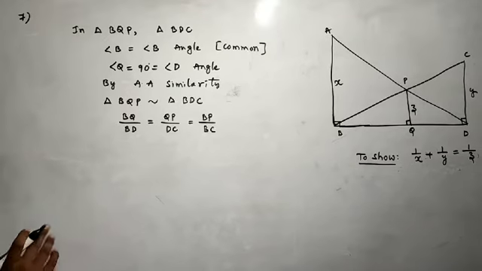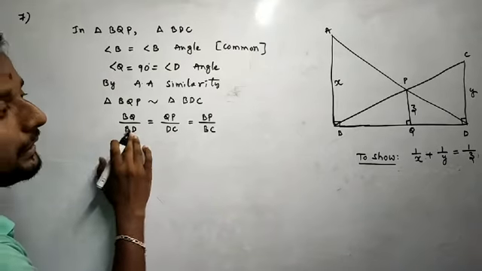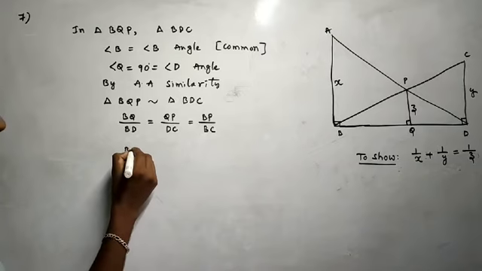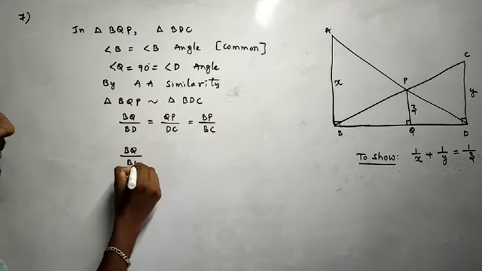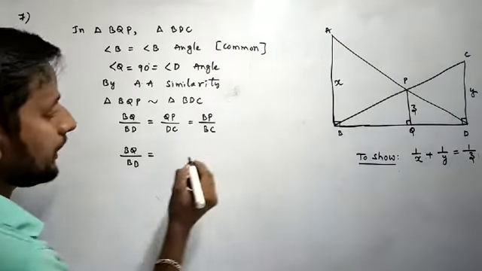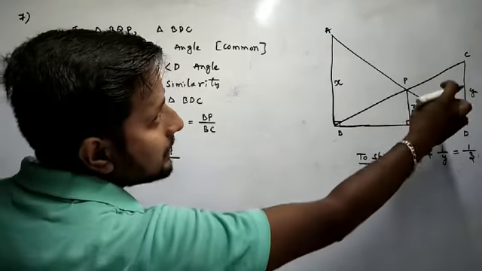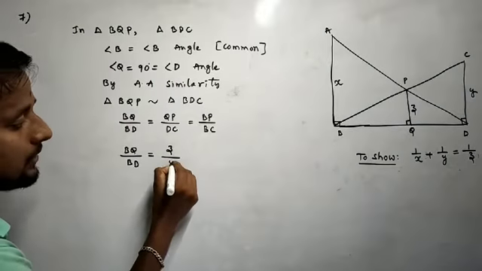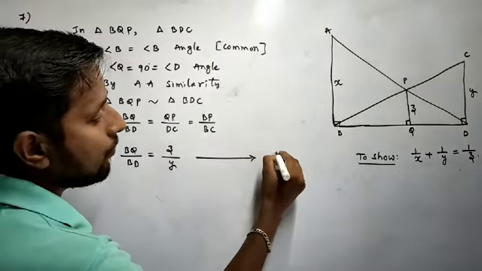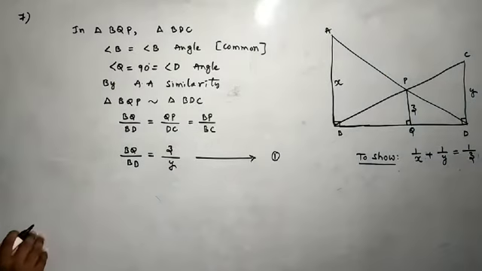So I write BQ by BD as it is. QP is nothing but PQ, which is Z, by DC, and DC is nothing but CD, which is Y. So Z by Y. It's our equation 1, because the BP and BC values we don't know.